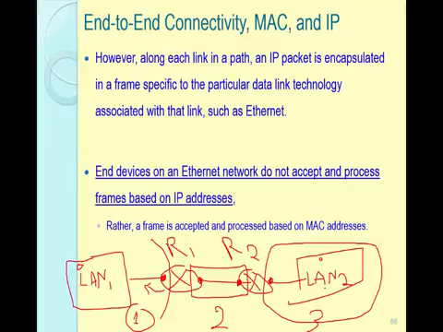This is extremely important for us to understand why we need the combination of addresses, the IP addresses and the MAC addresses, and how they work in tandem, where basically the IP addresses are used from the sender to the destination, and they're being looked at by intermediate routers for efficient forwarding by looking at the destination network.